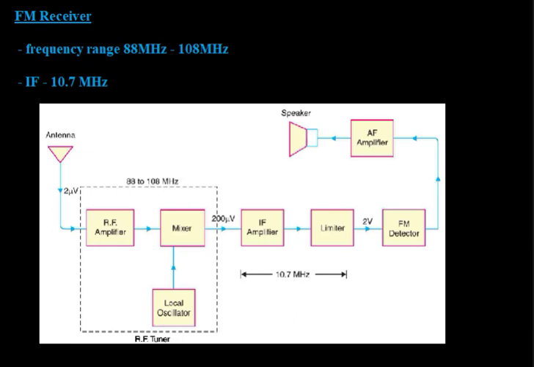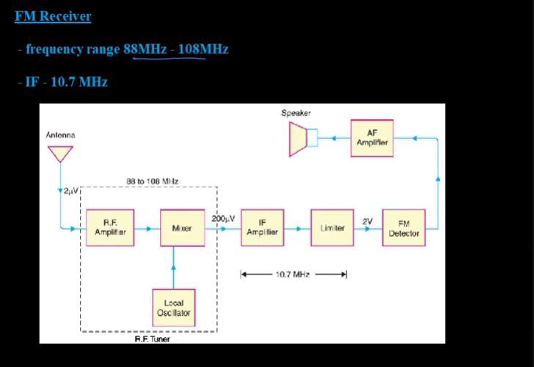Now the important thing in the case of an FM receiver is that the frequency range of the FM waves transmitted by the broadcasting stations lies between 88 MHz to 108 MHz.